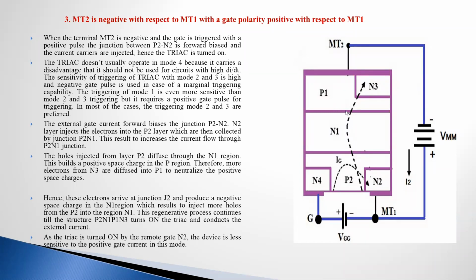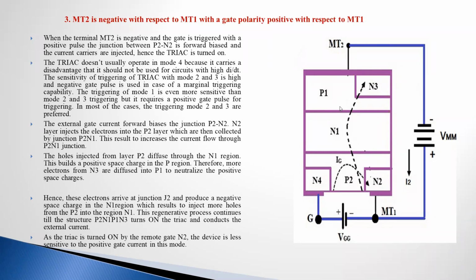So how can we remove this? By injecting the gate carriers, the potential is increased, and at one particular potential level at this junction the depletion layer decreases.